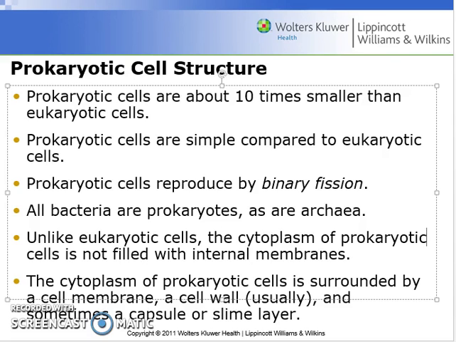And then in some cases, in some bacteria, there's an additional layer that surrounds the cell wall that is also used for protection purposes, which is called a capsule or a slime layer. The capsule prevents cells, such as those in a human body that can phagocytize a bacterial cell, from eating it.